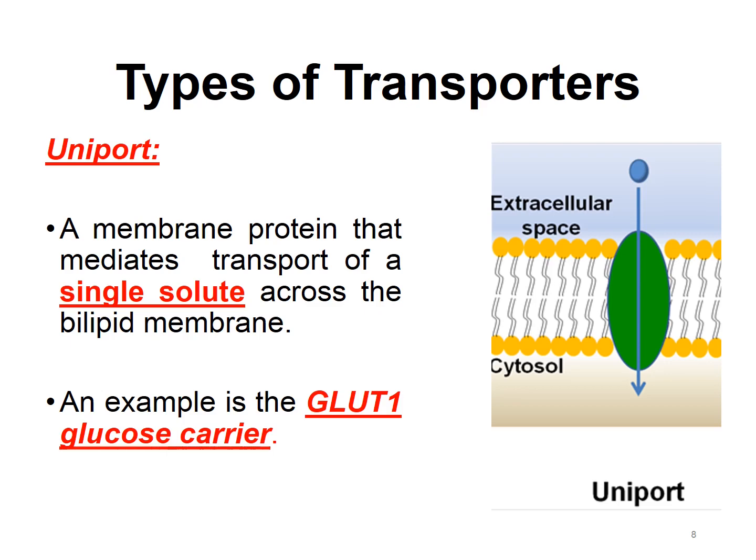One way of classification is according to their cargo. If it transports only a single solute, we call it uniport. An example is what we call GLUT1, for glucose.